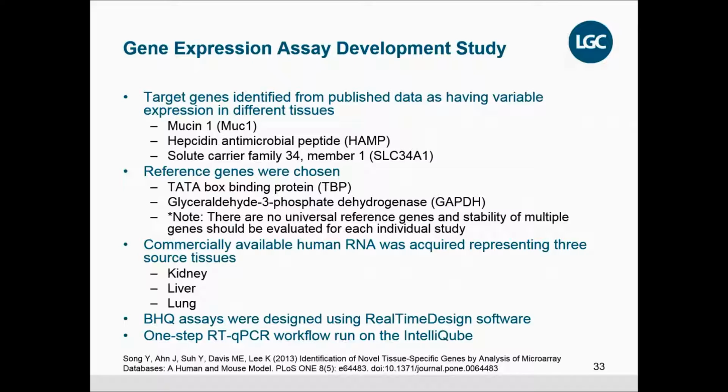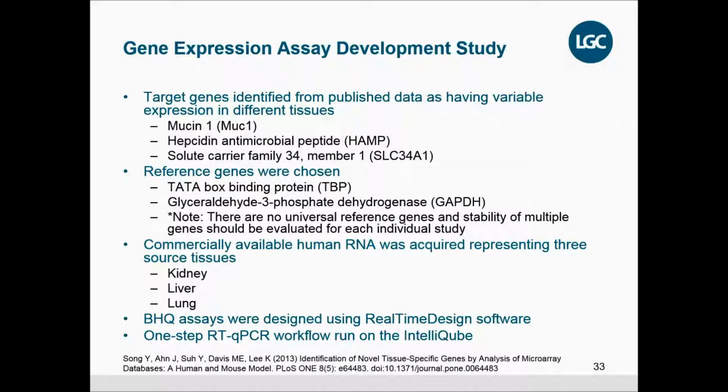So we have 3 genes of interest that we'll be looking at today: mucin-1 or MUC1, hepcidin antimicrobial peptide or HAMP, and a solute carrier family 34 member 1 protein or SLC34A1. And we chose some common reference genes: a TATA box binding protein TBP, glyceraldehyde 3-phosphate dehydrogenase or GAPDH.